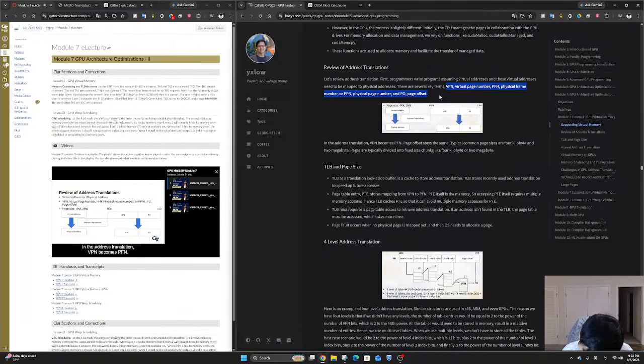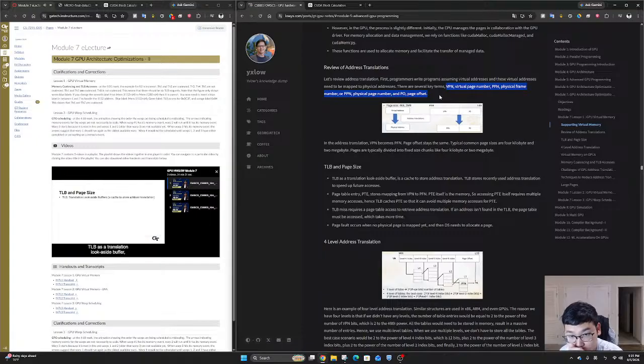In the address translation, VPN becomes PFN. Page offset stays the same. Typical common page sizes are 4 kilobyte and 2 megabyte. Pages are typically divided into fixed size chunks like 4 kilobyte or 2 megabyte.